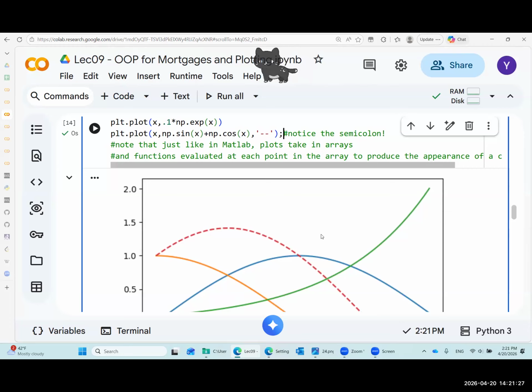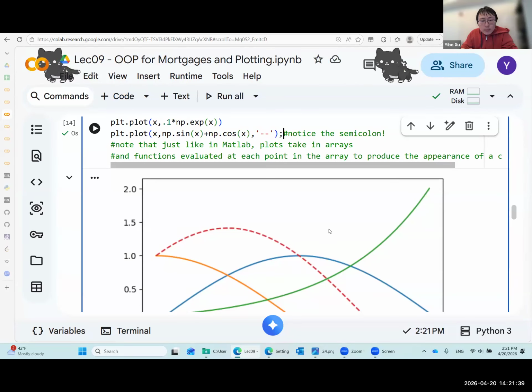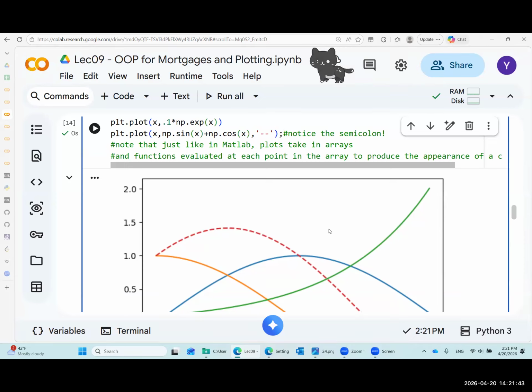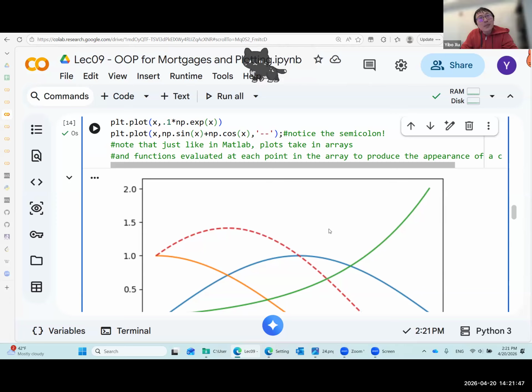Professor, if I have a matrix, let's say 5 by 10, and I want to choose a particular row and column, are we talking about that too? You have a matrix and you want to make it a column vector, right? I'm not 100% sure, but I think that's something we may talk about in NumPy.